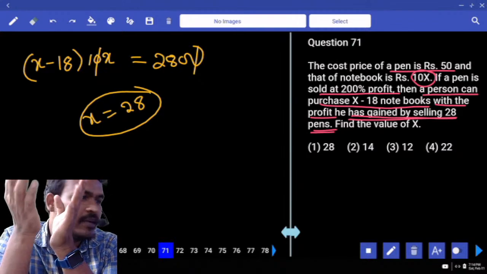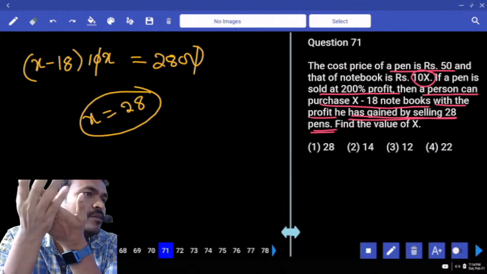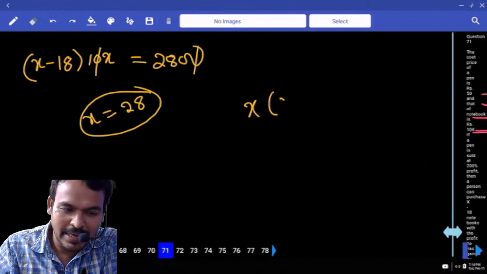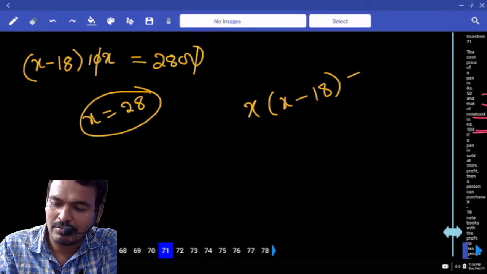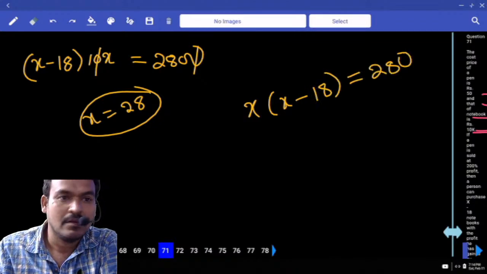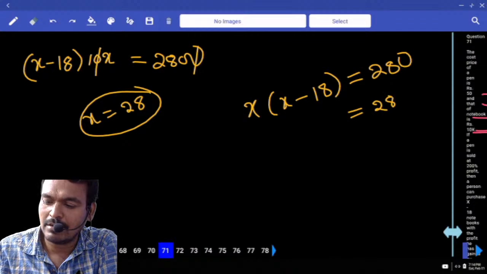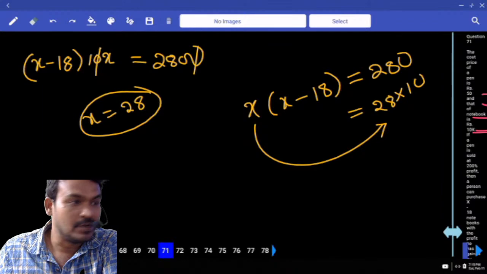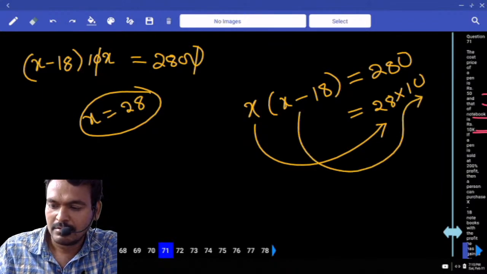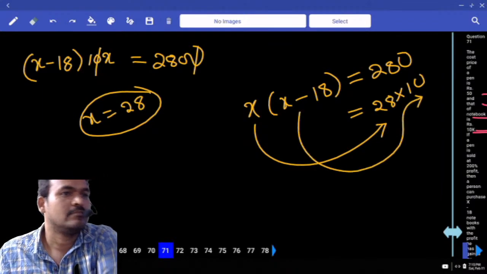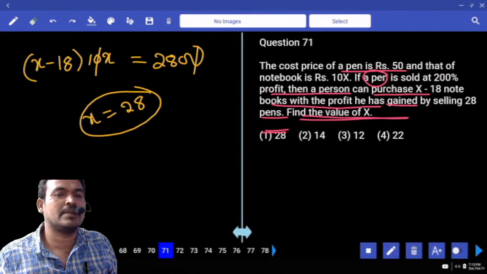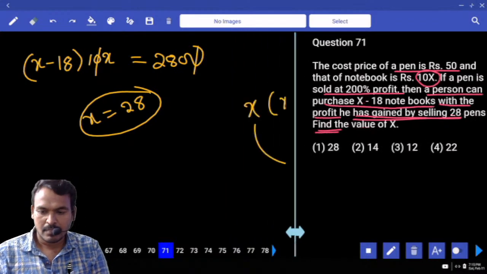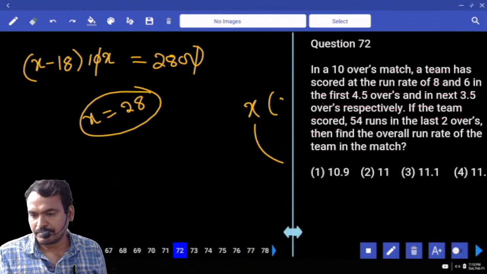X into x minus 18 equal to 280, so x is 28 and x minus 18 is 10. Left hand side has 2 factors, so the right hand side also splits into 2 factors. Next question number 72.